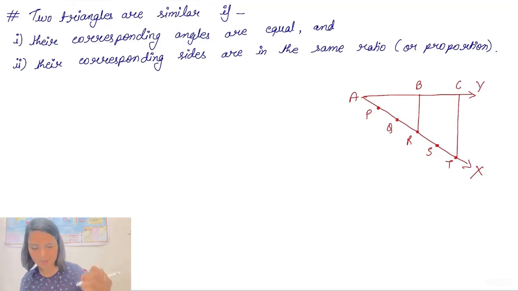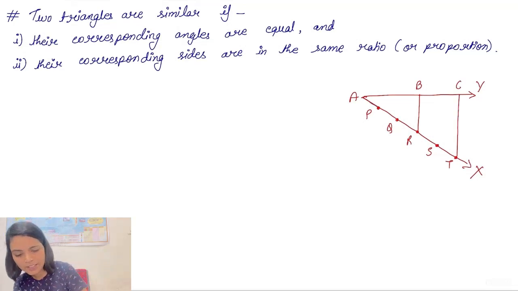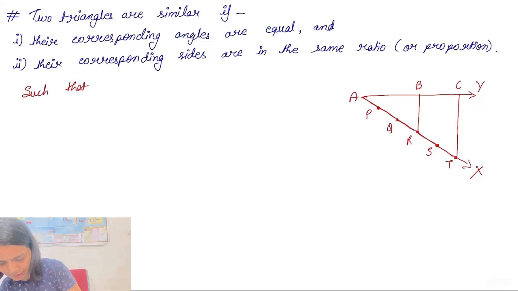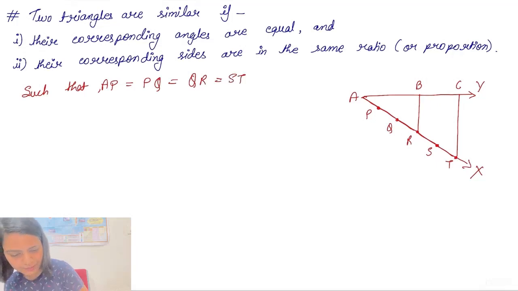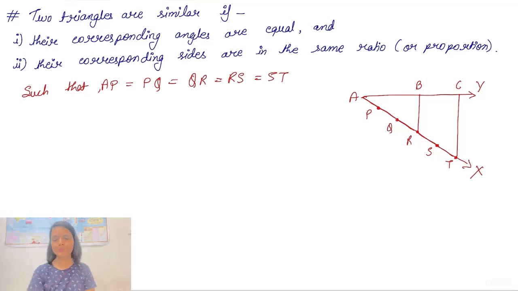From the figure we can say that the parts we have divided are equal to each other, such that AP is equal to PQ is equal to QR is equal to RS is equal to ST. So these five parts are equal.